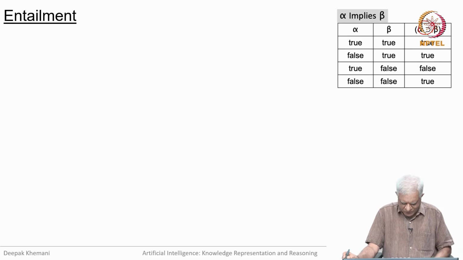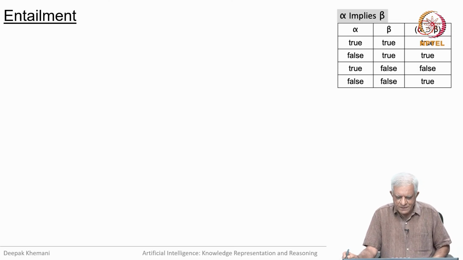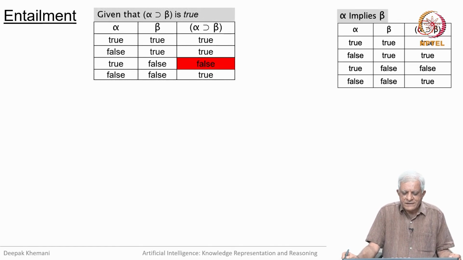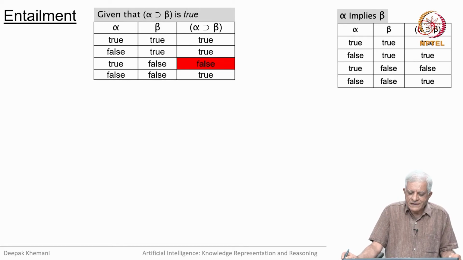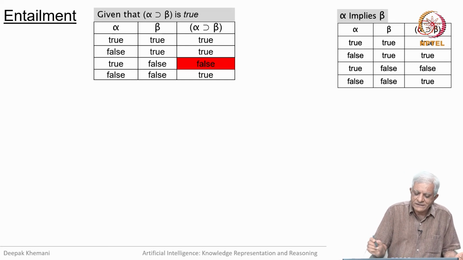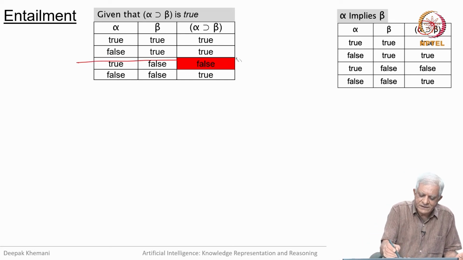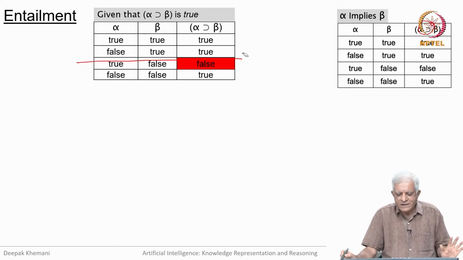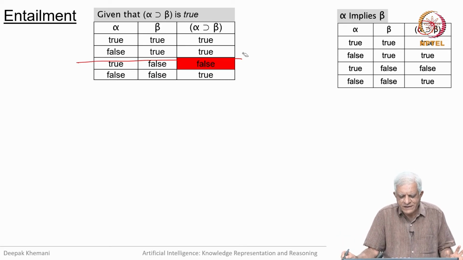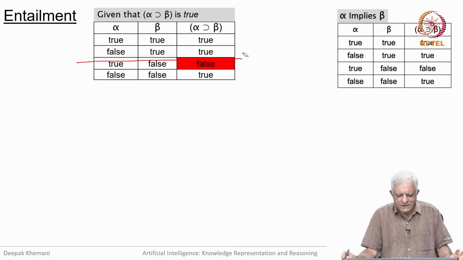Somebody told us that alpha implies beta is true, which means it is not false. So, what is shown in the red square is not allowed. We can delete this row from our truth table. We are not interested in that because somebody has told us that alpha implies beta is true.